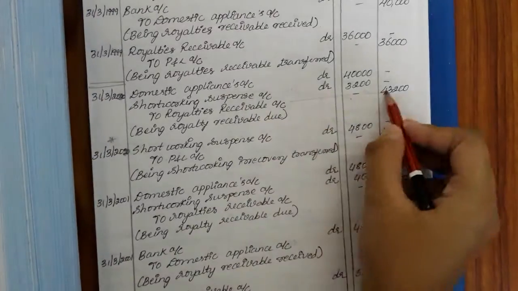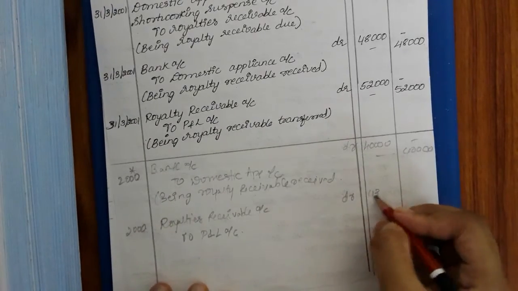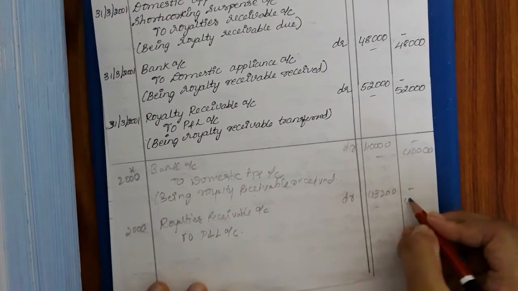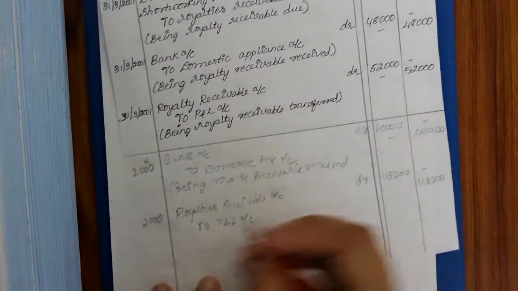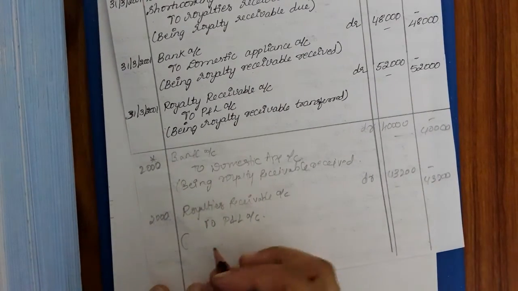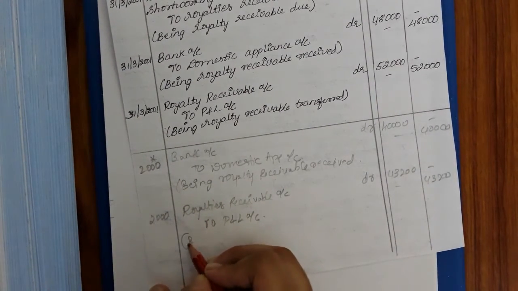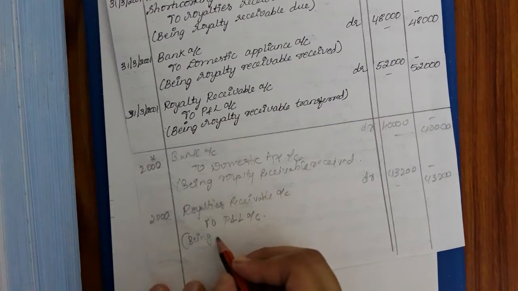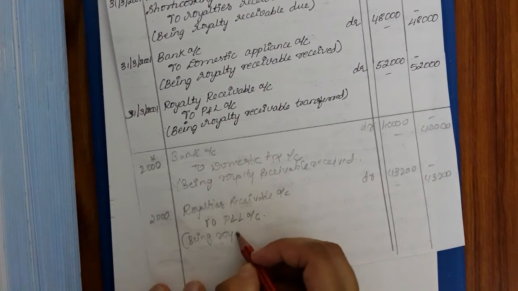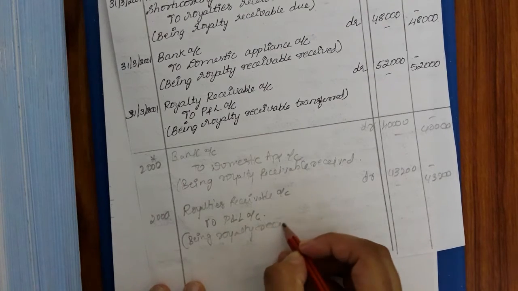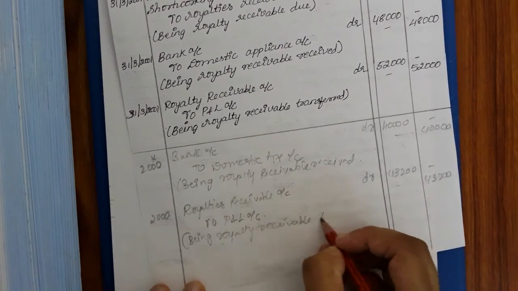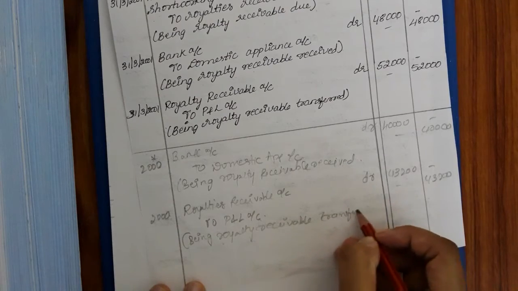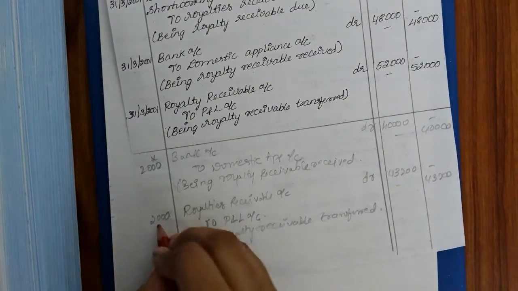The actual royalty receivable is 43,200. So the narration for this will be being royalty receivable transferred. Okay, understood. This is the third entry in the year 2000.